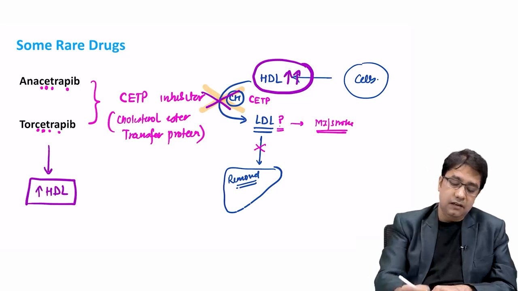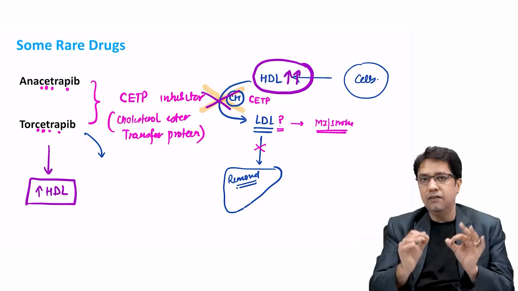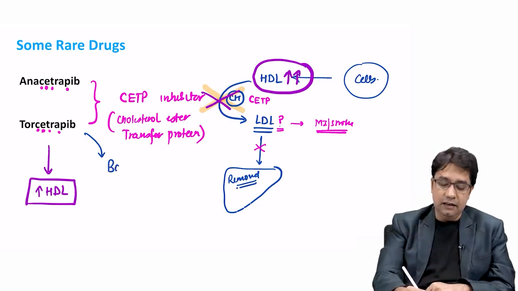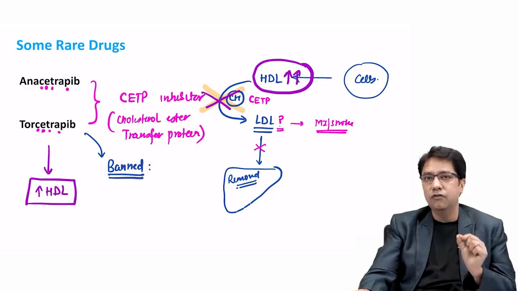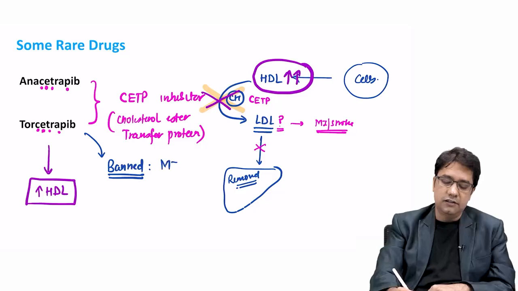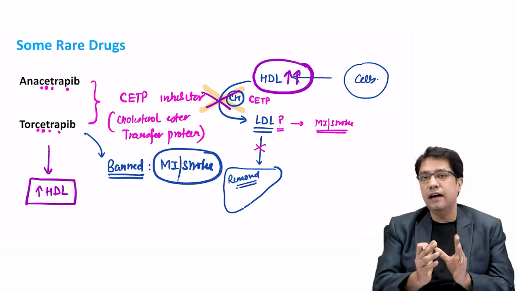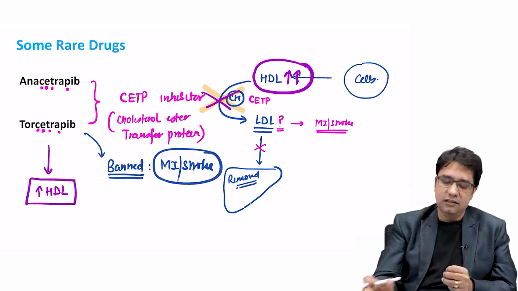That is why these drugs, made with the good intention to increase HDL level, got banned because they were increasing the risk of MI and stroke.